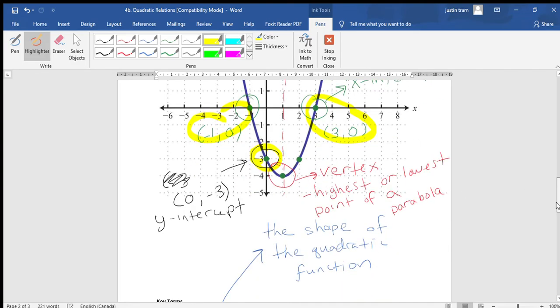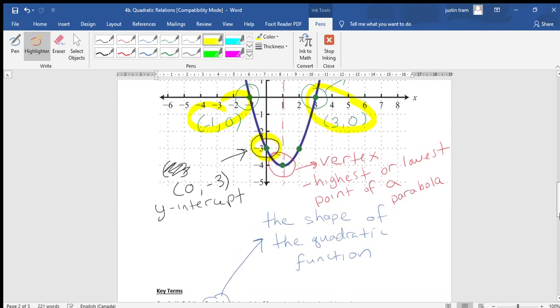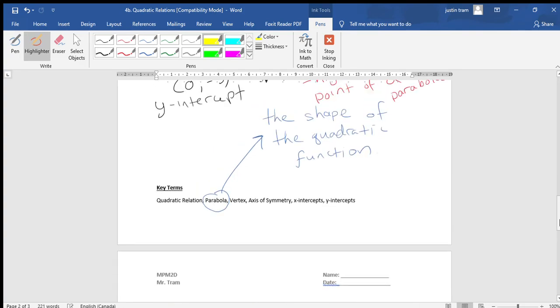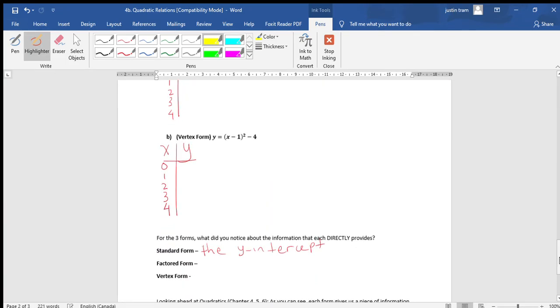Now, I will go into more detail as to why this says x plus 1 and my x-intercept is negative 1, and why this says x minus 3, but my x-intercept here is a 3. I will go into more detail later on, but for now, just wanted you to realize that our factored form gives us the x-intercepts.